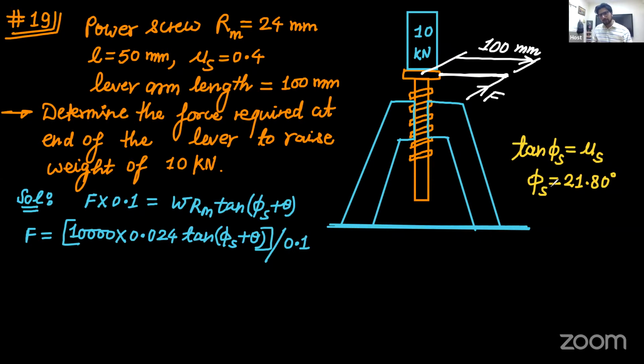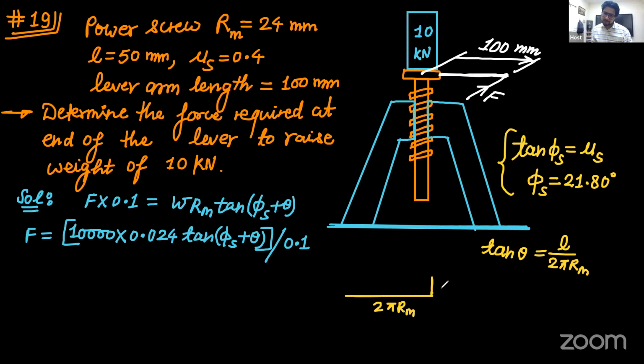And then, my dear friends, we have this theta value. How do we calculate the theta value? Tan theta is the lead of the screw upon 2 pi Rm. I say it once again that for a horizontal movement of 2 pi Rm, there is a vertical, axial movement of the screw, and that axial movement is called the lead of the screw.